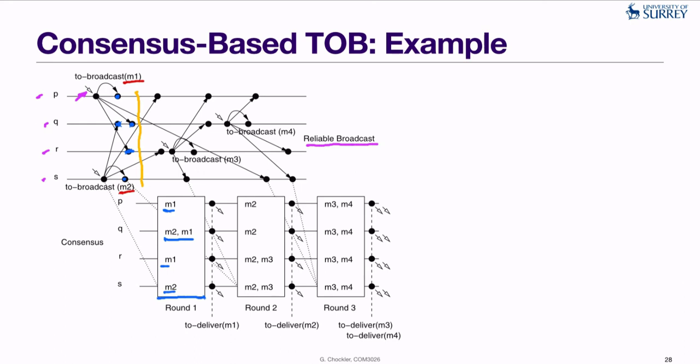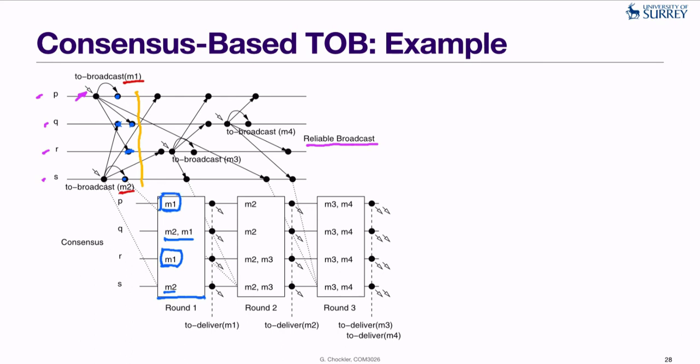So here they will activate consensus and they will reach a decision, and the decision will be the value proposed by one of the processes, right? So any proposal value is valid here, and in particular the value M1, which is the value proposed by both P and R, is the one that wins.